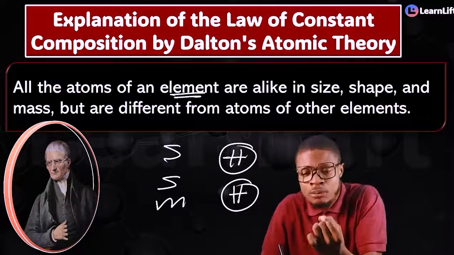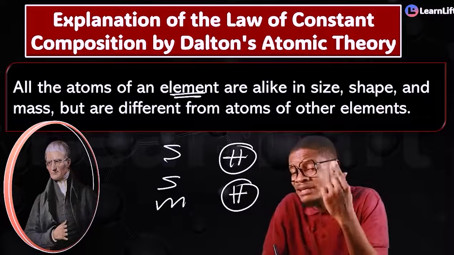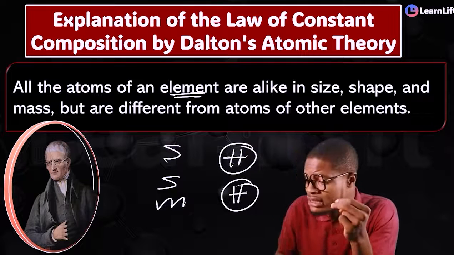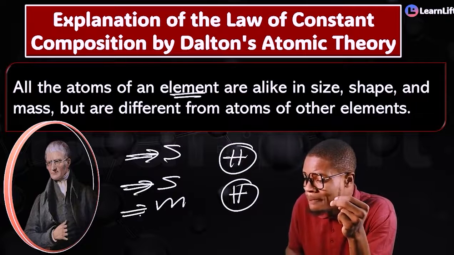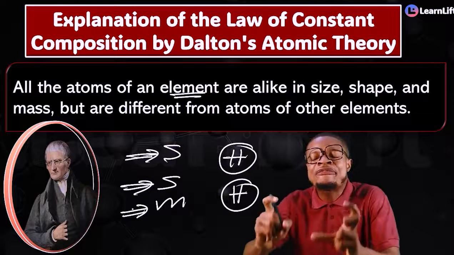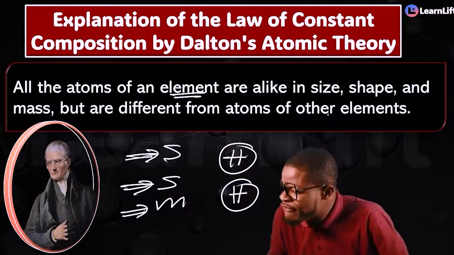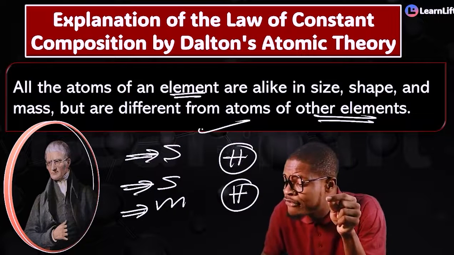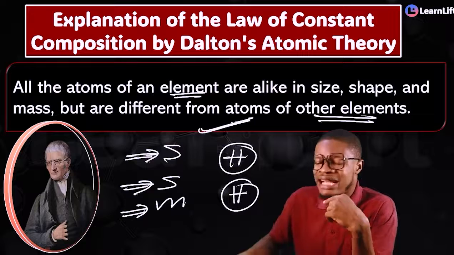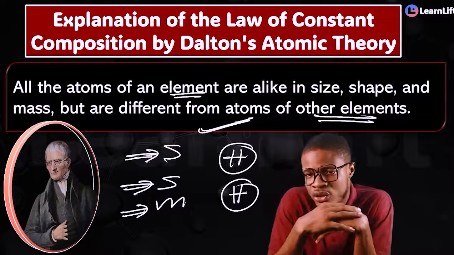All the atoms of hydrogen are alike in three things. They are alike in size, they are alike in shape, they are alike in what? Mass. But they differ from the atoms of every other element. You see, this is one of the 5 postulates that John Dalton gave in his atomic theory.